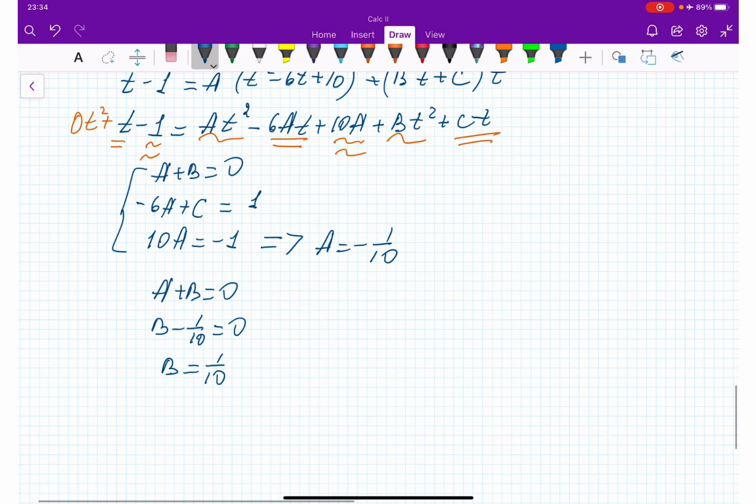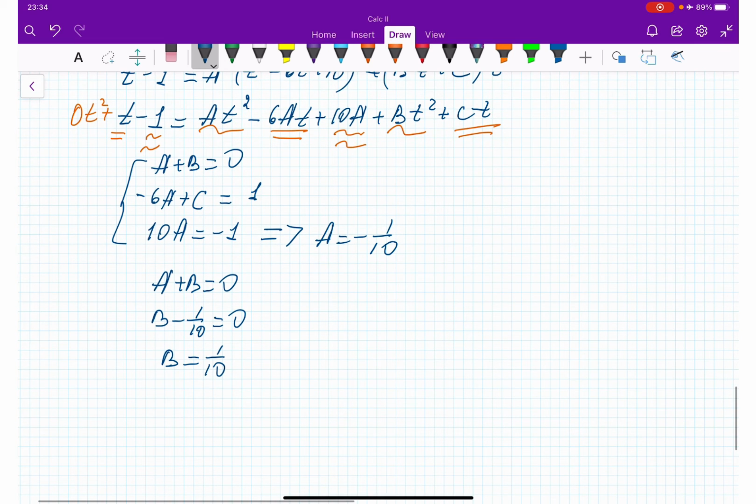Now I'm plugging into negative 6a plus c is equal to 1. So negative 6a is going to be positive 6 over 10, plus c is equal to 1.